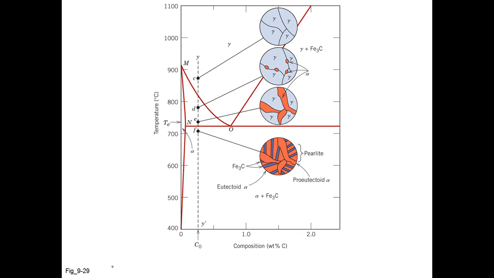Problem 9.67 says that the microstructure of an iron carbon alloy consists of proeutectoid ferrite and pearlite. The mass fractions of these two microconstituents are 0.174 and 0.826 respectively. And we're asked to determine the concentration of carbon in this alloy. So let's take a look at the relevant phase diagram.